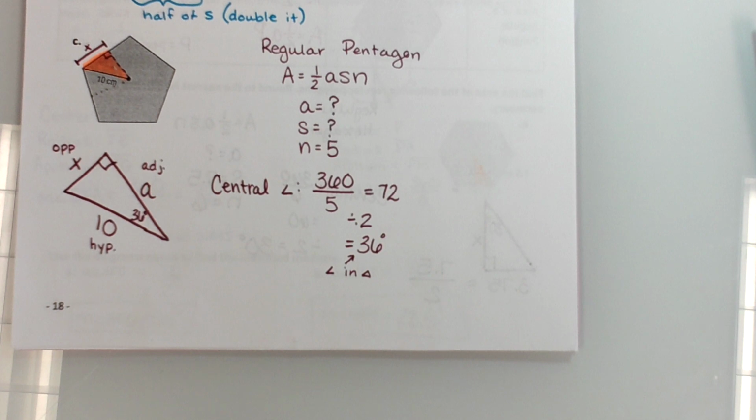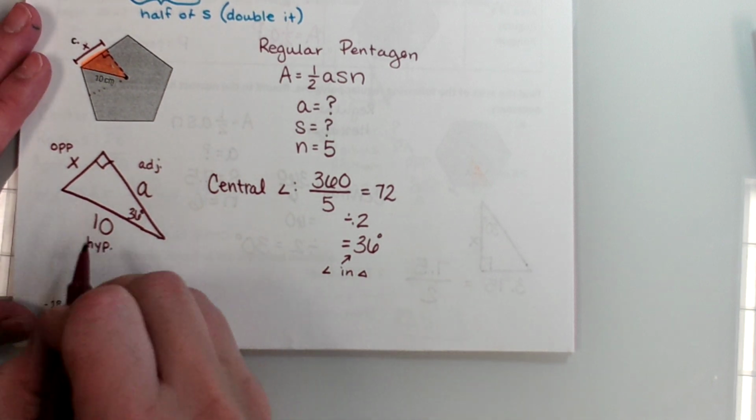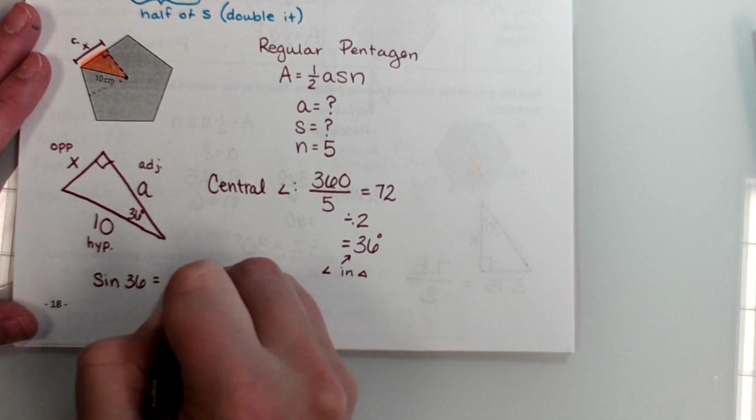Am I using tangent? No, tangent's a bad one to use. Tangent uses two unknowns. Don't do it. Are you going to solve for x or a first? We can do x first. If I solve for x first, which trig ratio am I doing? Sine. Remember to only try to solve for one variable at a time.